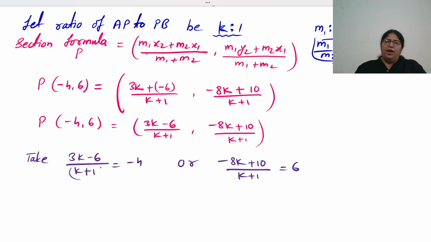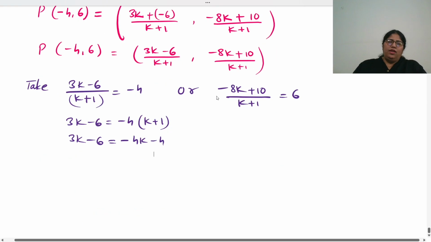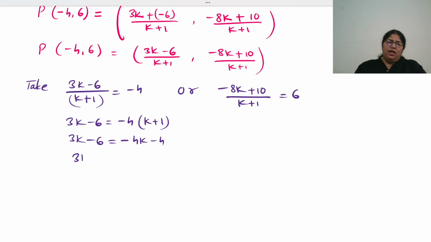Now here, putting it in brackets, 3k - 6 equals -4 times (k + 1). If you simplify the bracket, 3k - 6 equals -4k - 4. Now take -4k to the left hand side: 3k + 4k equals -4 + 6, which is 7k equals 2, and k is 2 by 7.